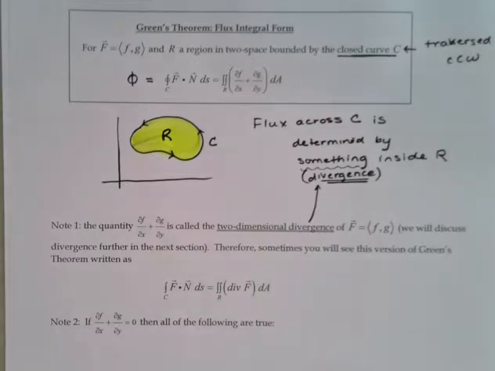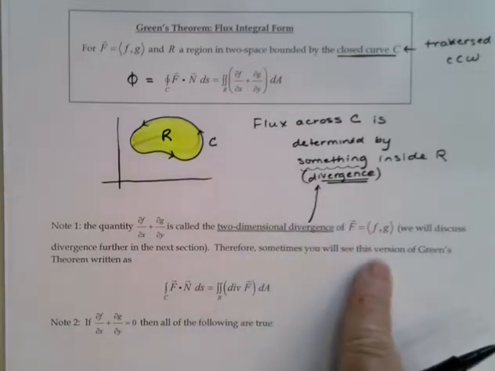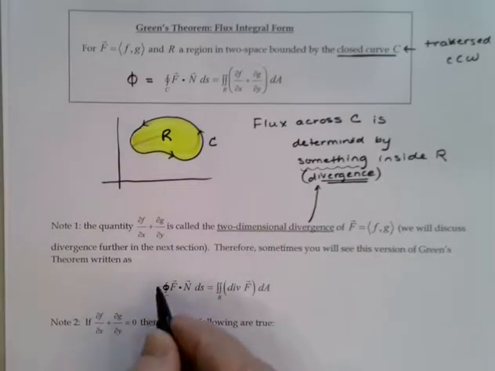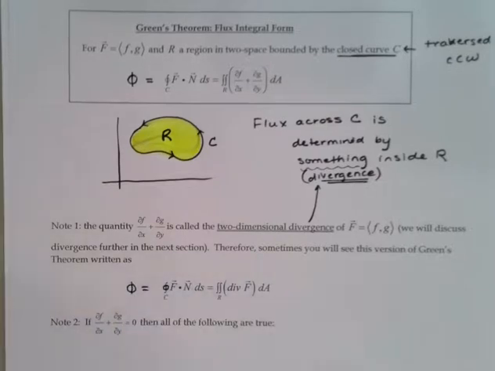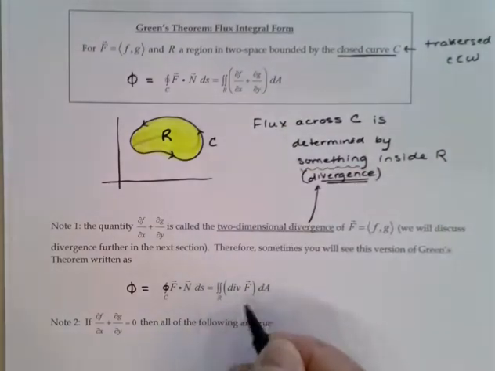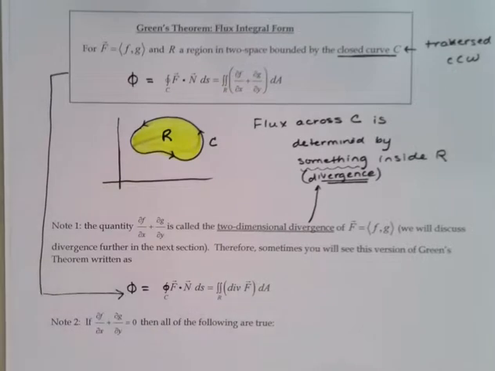But for now, if we call that the divergence, then we'll sometimes see this version of Green's theorem written as, and I can put my little circle here, the flux, the integral of f dot n ds, is the double integral of the divergence of f dA. Again, we'll come back to why those things make sense when we talk more about what we interpret divergence and curl to mean in section 6.